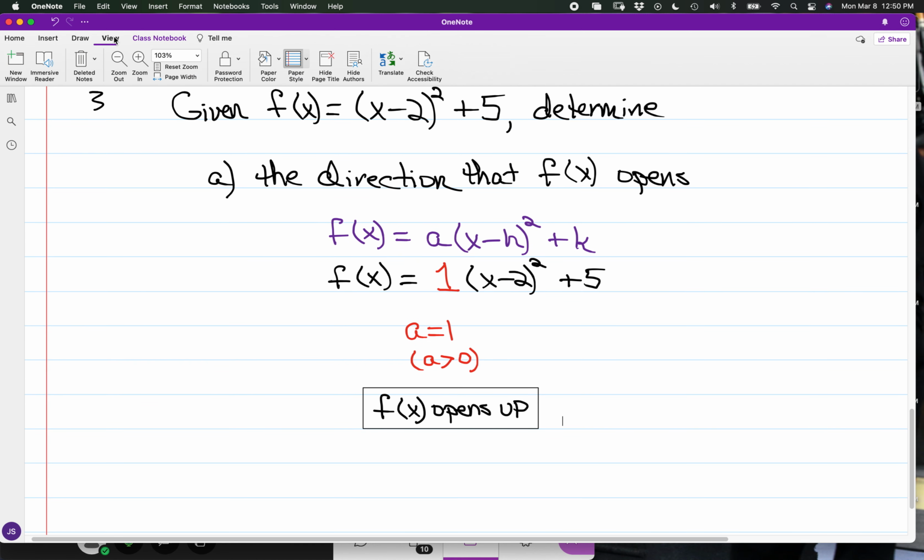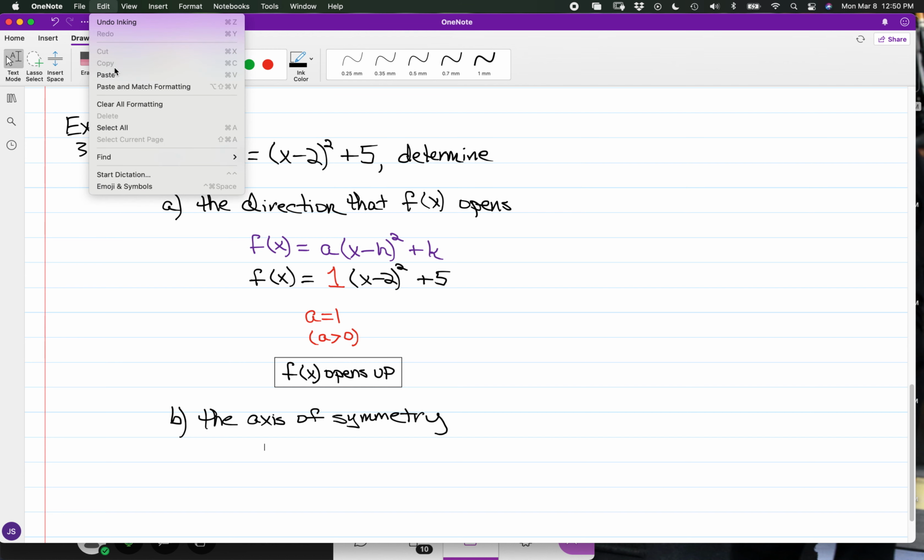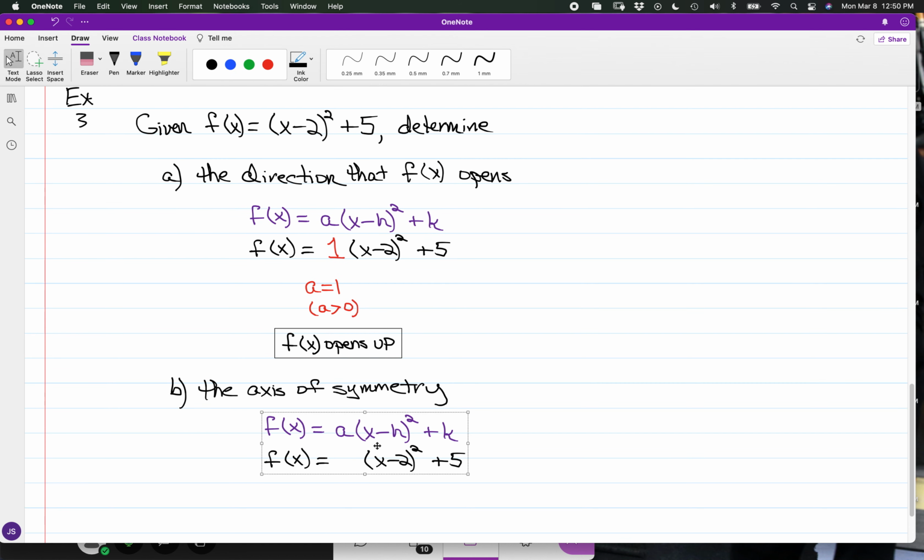Now, among the traits we have regarding a quadratic function, if you were to determine the axis of symmetry, this is where the h is going to come in.